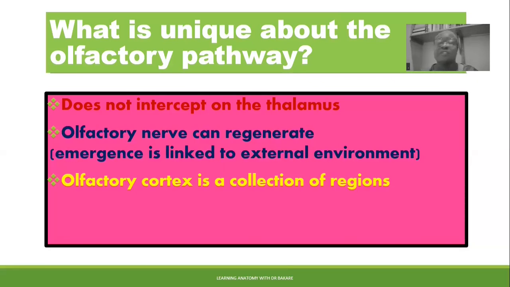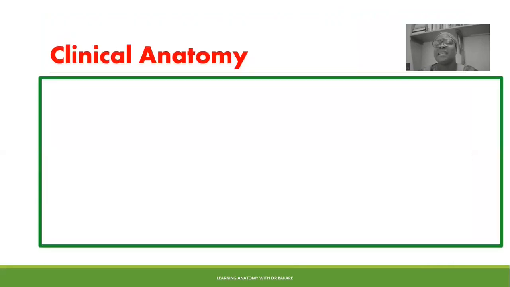So it's a collection of a number of regions, and this collection is taken as the olfactory cortex. Then lastly, the olfactory cortex is associated with emotions and also memory, because the lateral striae that is formed from the termination or the division of the olfactory tract are terminated finally on specific regions that are responsible for memory and also emotional perceptions. So let's look at clinical anatomy.